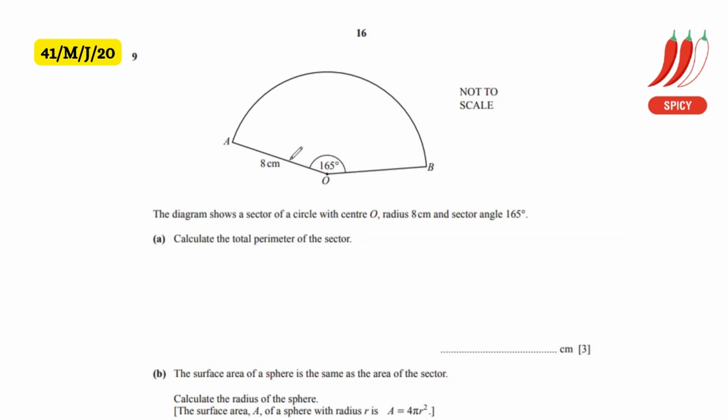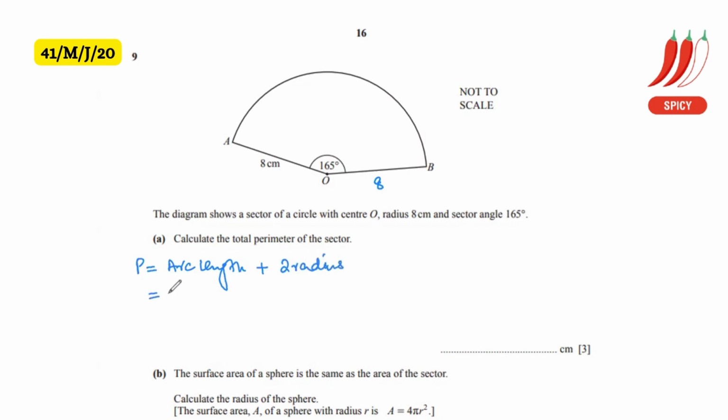Since OA and OB are the radius, they're both going to have the length of 8. With the length of AB, what we need is the arc length. So perimeter is equal to your arc length plus twice the radius.